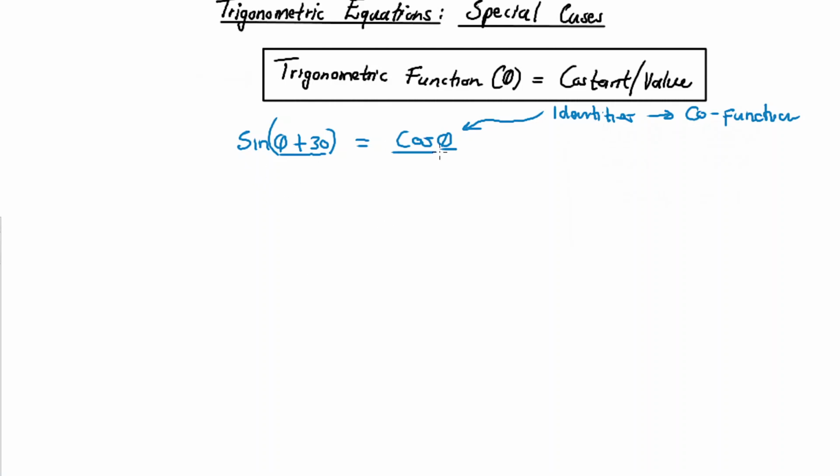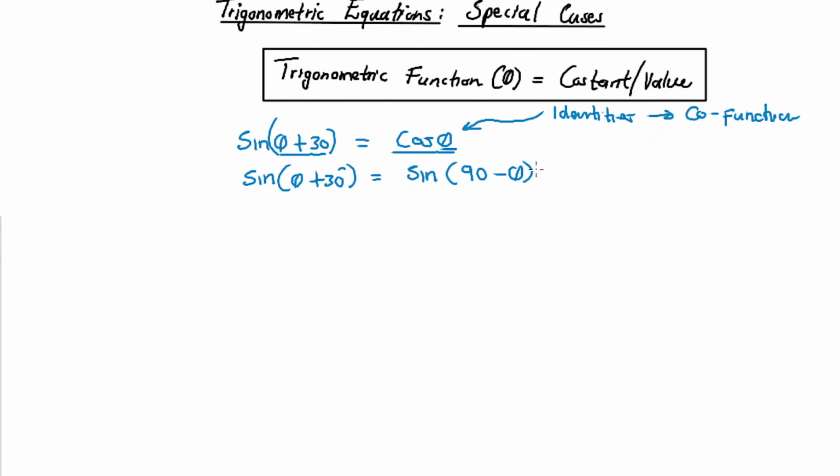We're going to rewrite the cos theta in terms of sine, like this. Sine of theta plus 30 is equal to sine of, open bracket, 90 degrees minus theta.